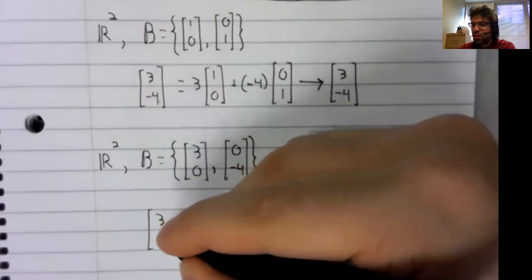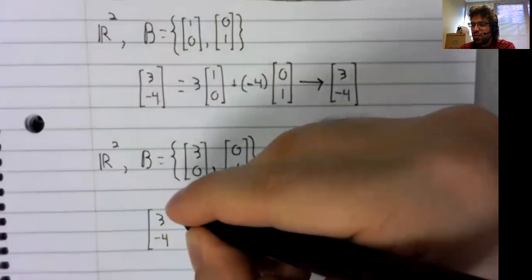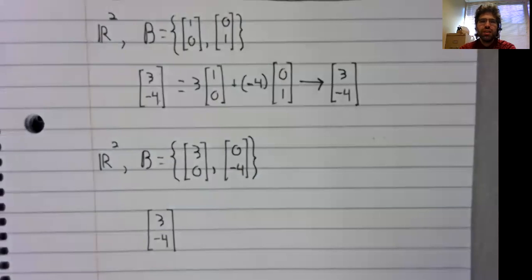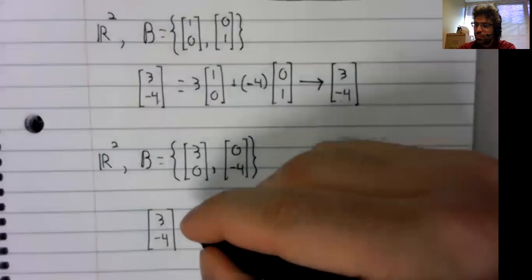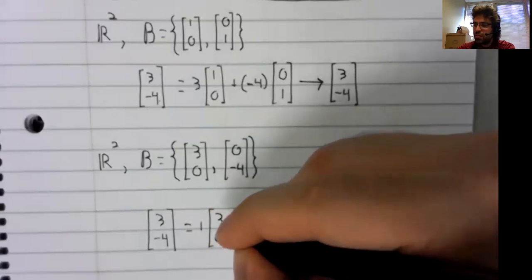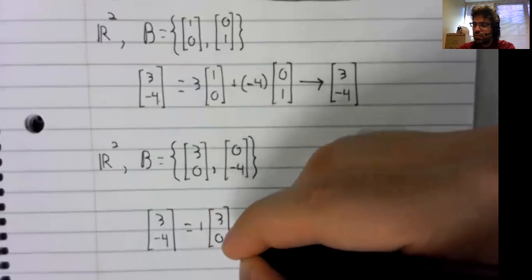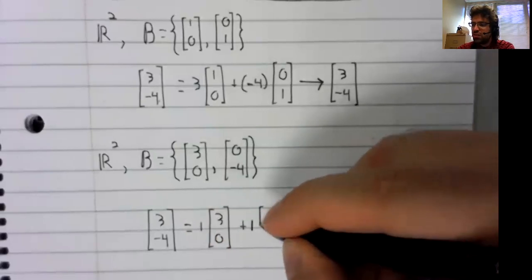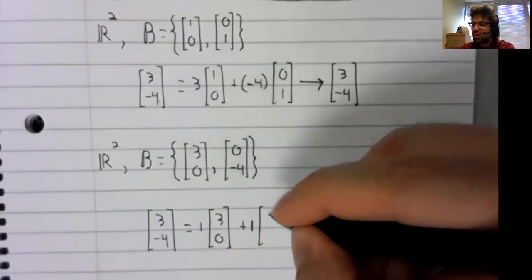And let's look at the same vector, 3, -4. It can be uniquely represented in terms of this basis.